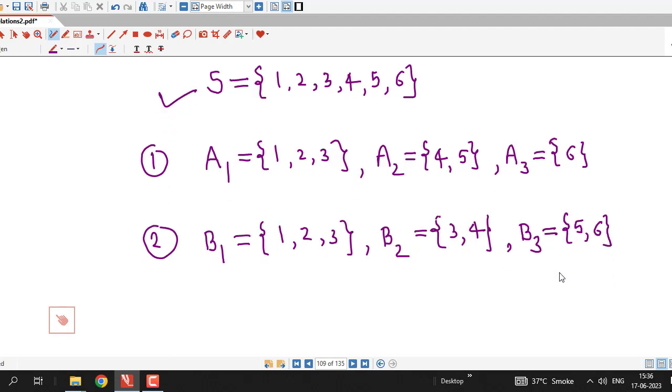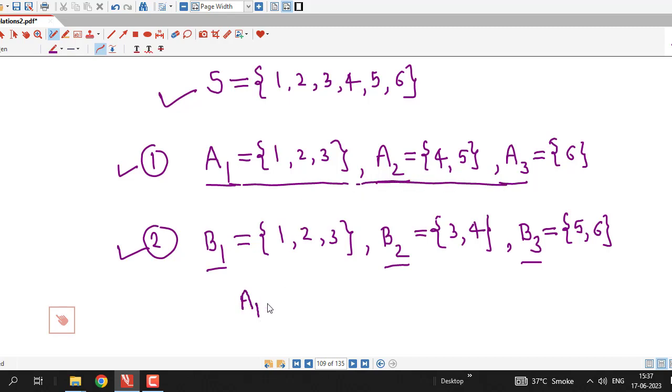Now if you observe, for the second collection as well as the first collection, if you take the union of all these three sets, then you will obtain set S. Similarly, B1, B2, B3 are also subsets of S, and their union is the given set S. So we are considering subsets of a given set, and the union of those subsets is the set itself.